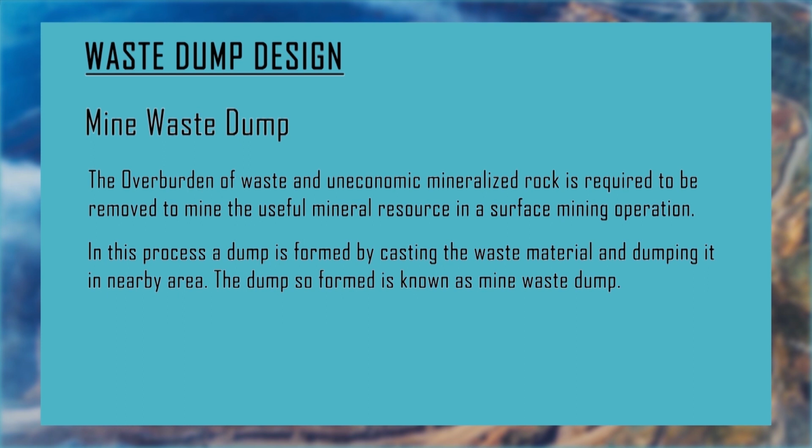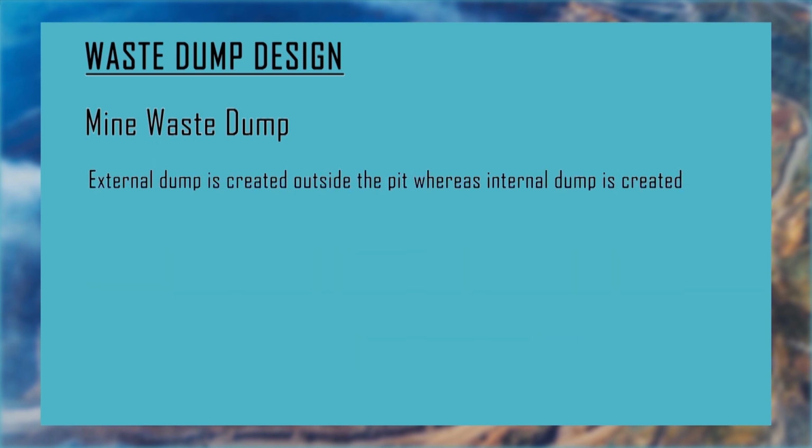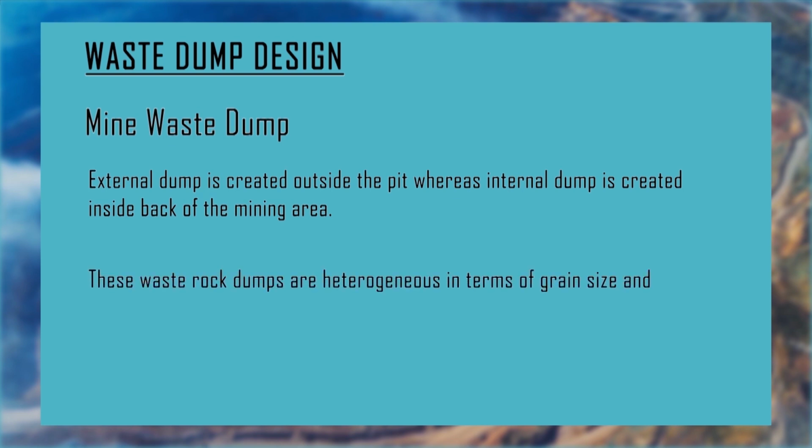It is the place outside the boundary of the mine where waste is dumped. Waste dump may be classified as internal and external dump. An external dump is created outside the pit, whereas an internal dump is created inside the back of the mining area. These waste rock dumps are heterogeneous in terms of grain size and structure.